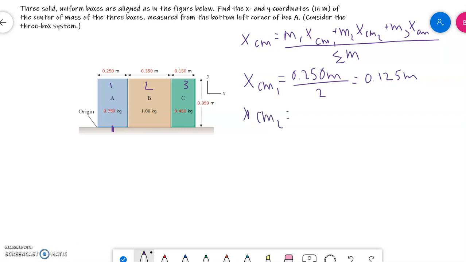For block 2, we need the center of mass, but with respect, again, to the origin. So the center of mass would be about this x-coordinate right here. So that would be 0.25 meters away plus 0.35 meters divided by 2.